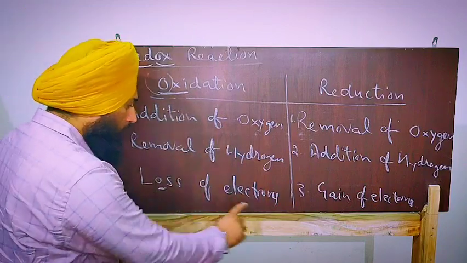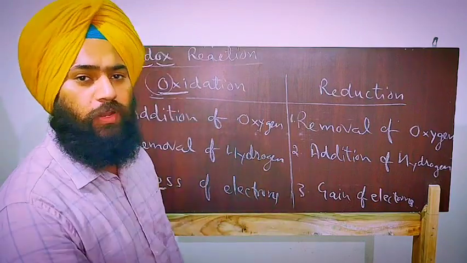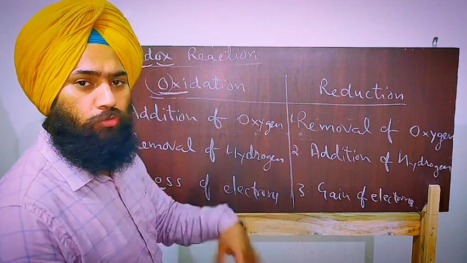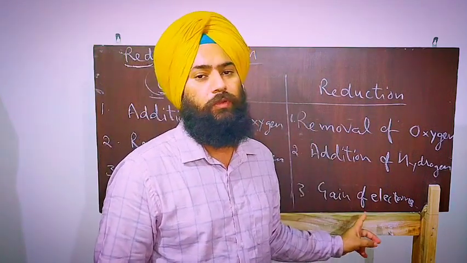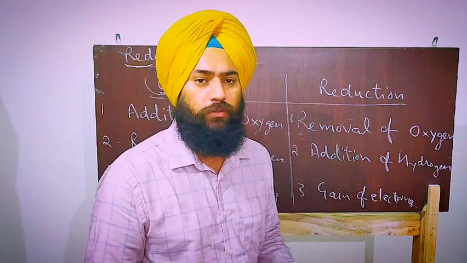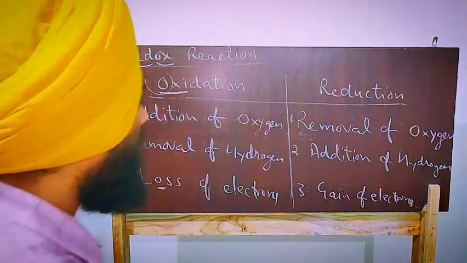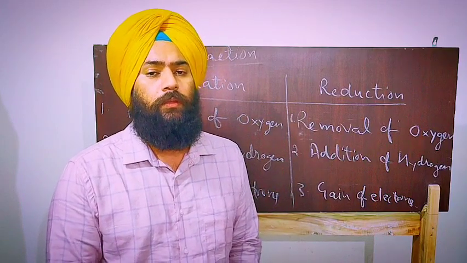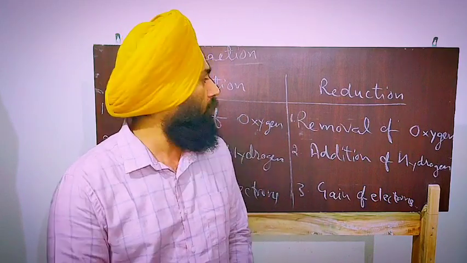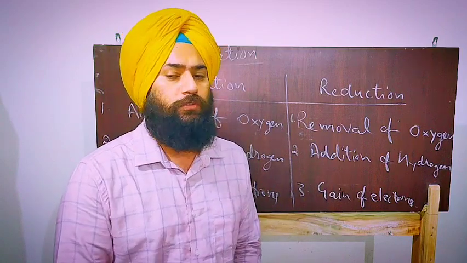Oxidation is loss of electrons, and reduction is gain of electrons. Now we will study some examples, and before the examples you can note this down.